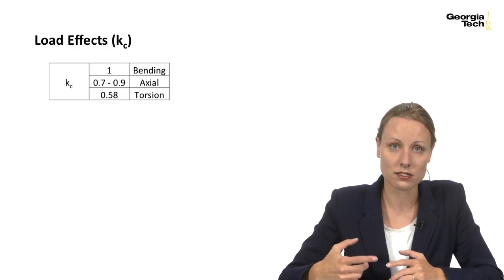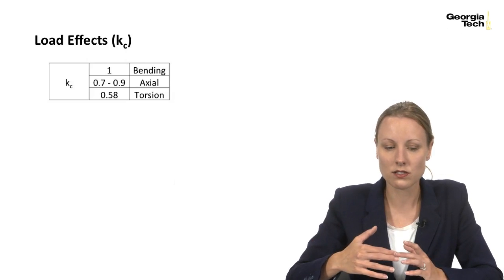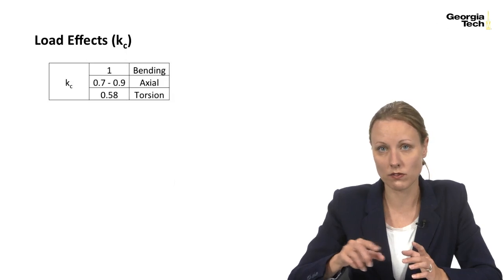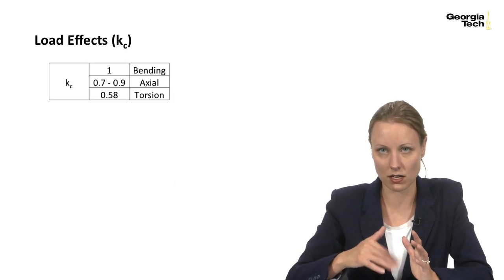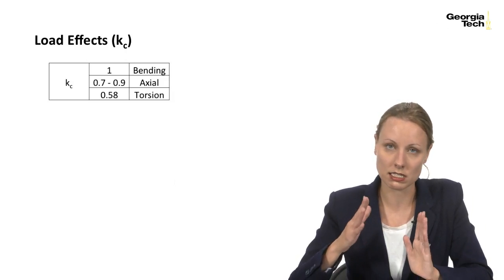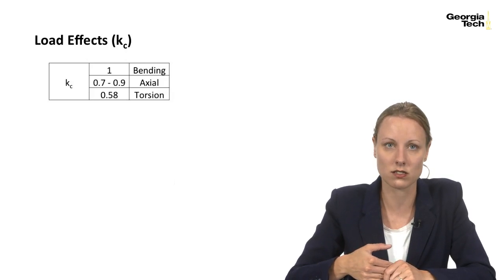Now, for axial and torsional loadings, that's a little different. Axial loads would have all of the material in the high stress areas, because there is no gradient. The stresses are constant across the cross section.